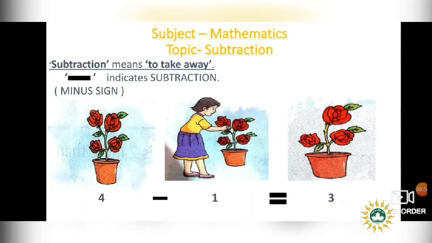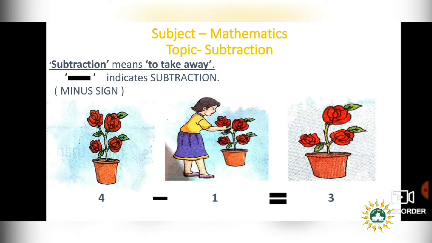So, this process is called subtraction. In subtraction we find out what is left or what remains after taking away a small amount from a larger amount. Now let us learn more about subtraction with more examples. So children, in subtraction we find how many are left and what remains.